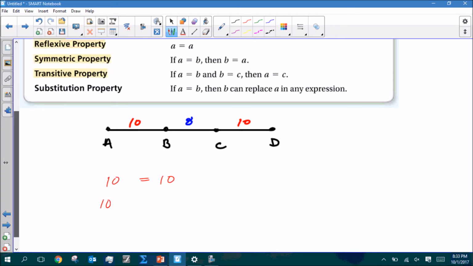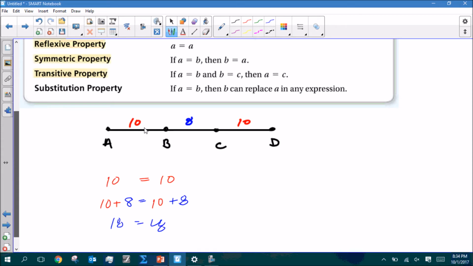But now if I go 10 plus my 8, so AB plus BC, that should still be equal to 10, which is CD now, plus the 8 that we gained from BC. We should get 18 equals 18, right?